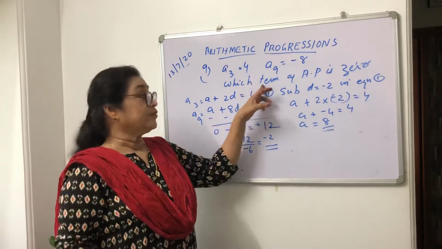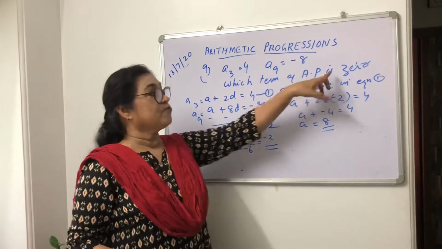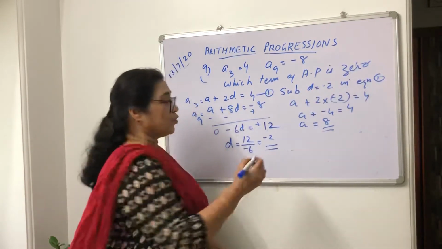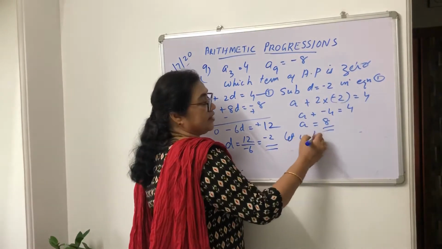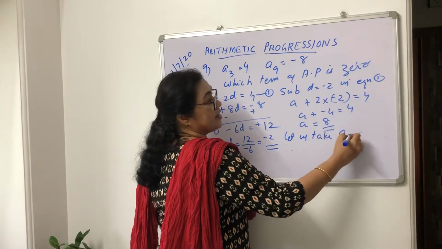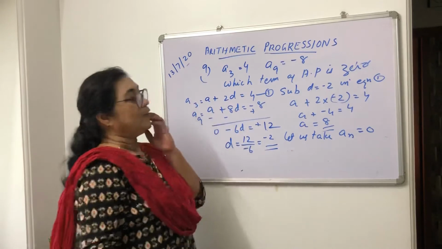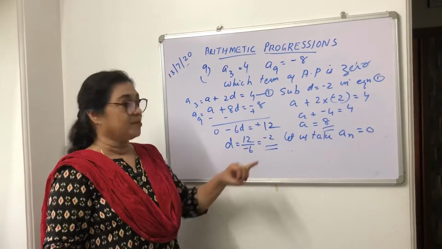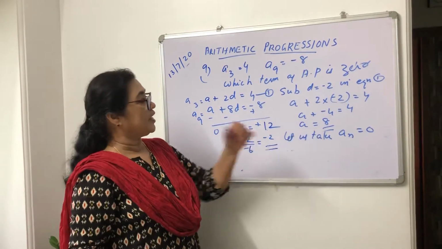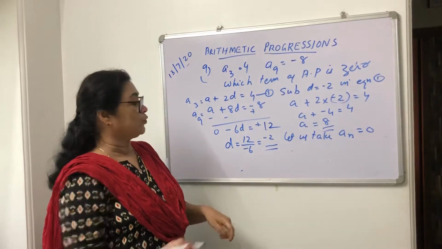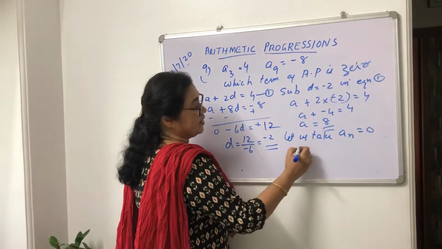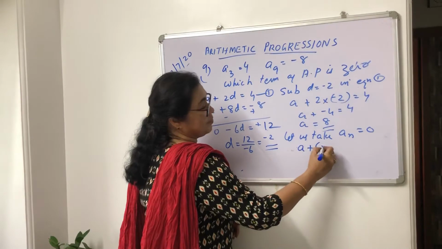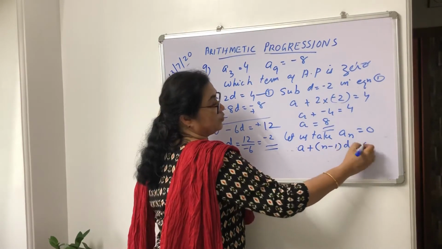So you need to see in which term of the AP is 0. Let us take AN equal to 0. AN is A plus N minus 1 into D equal to 0.